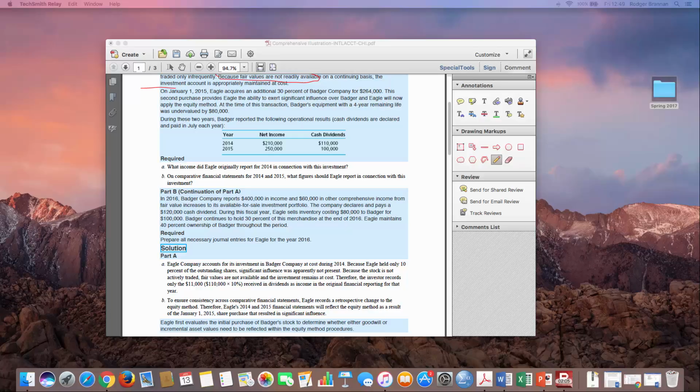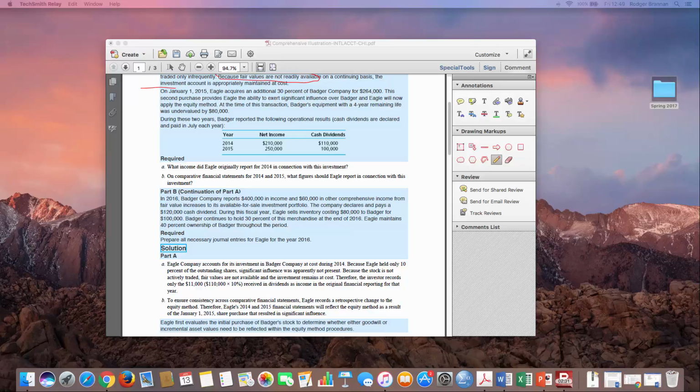Under accounting rules, they must account for this investment under the equity method. Now, the other element that's required under GAAP is that they need to go back and make a retrospective adjustment to their investment account and assume that the equity method would have been used from the very beginning, that is, as of January 1, 2014.